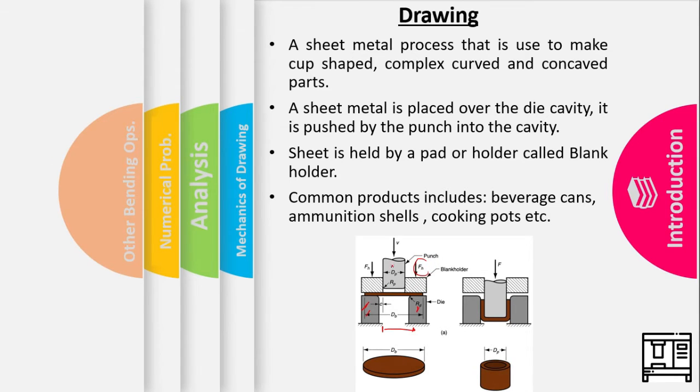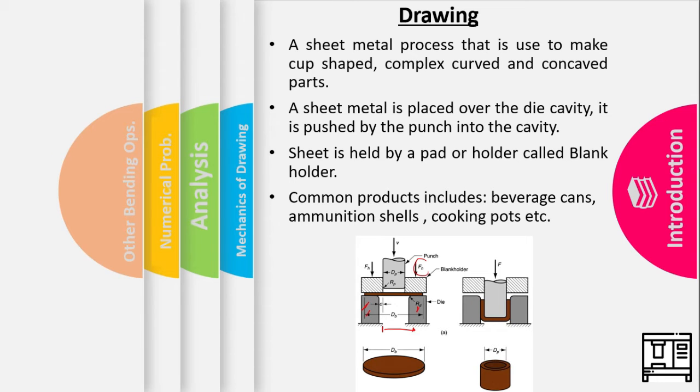Then a positive part or the movable part, that is known as a punch, comes in and draws this blank into the die cavity to attain the shape of the die. So the common products that are made from the drawing operation are the beverage cans, which we use in our daily life, ammunition shells, some cooking pots and some similar shapes.